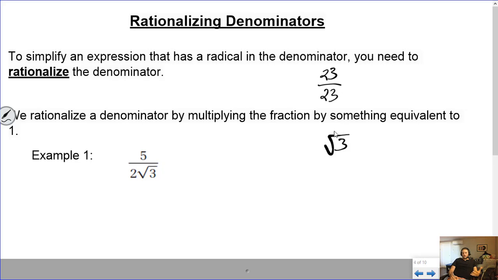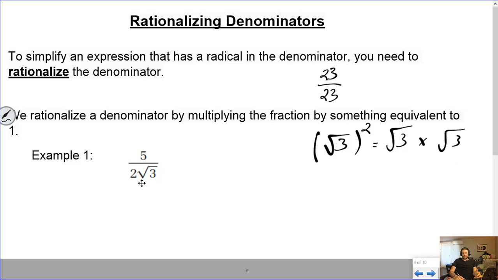To get rid of that radical, I can square the square root of 3. Now, we can't square just the bottom and not the top. It's not going to work like that. But what we can do is consider the square as repeated multiplication. This is root 3 multiplied by root 3.